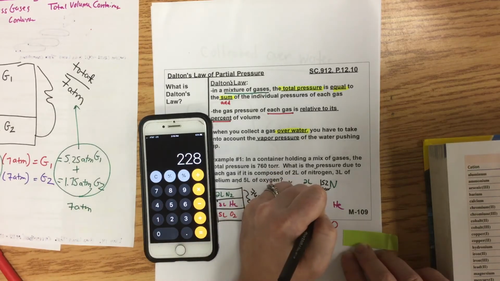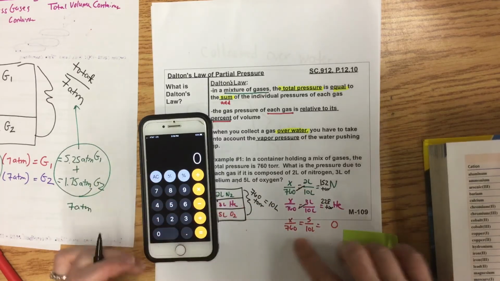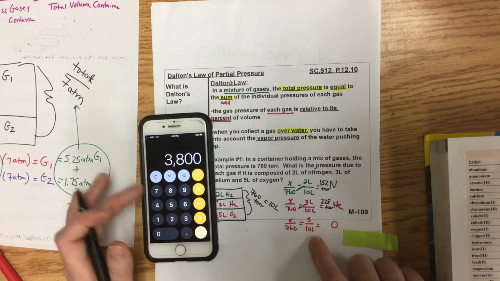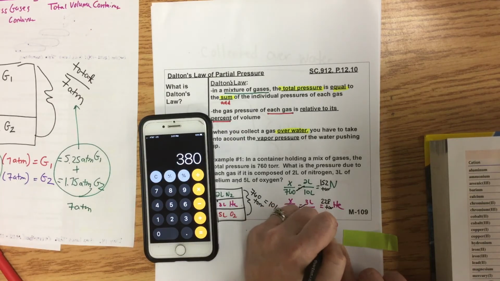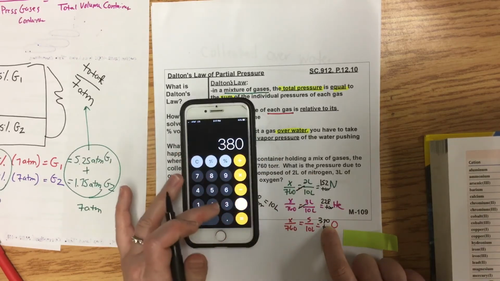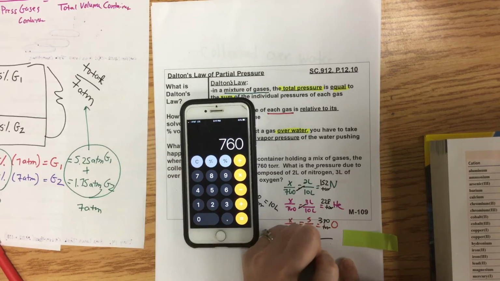I get 228 torr for helium, and then 760 times 5 divided by 10 gives me 380 torr for oxygen. If I add those up, 380 plus 228 plus 152, I should end up with 760.